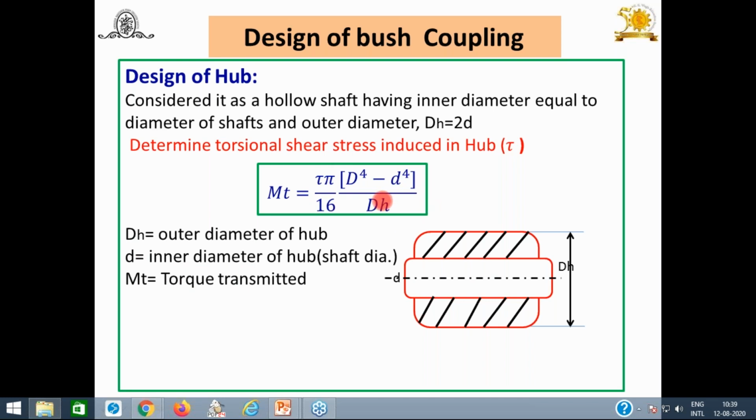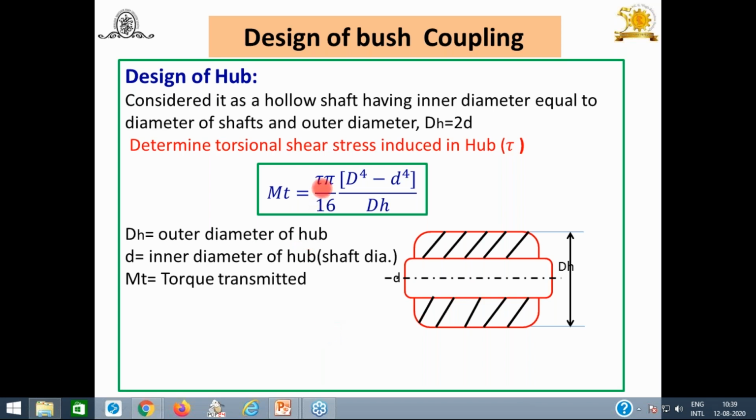By using this expression, find out this tau. Tau means the torsional shear stress induced in the hub, and this determined tau should be less than the permissible tau for the hub material. You know very well, the hub is a part of a flange. Flanges are made of cast iron or gray cast iron.